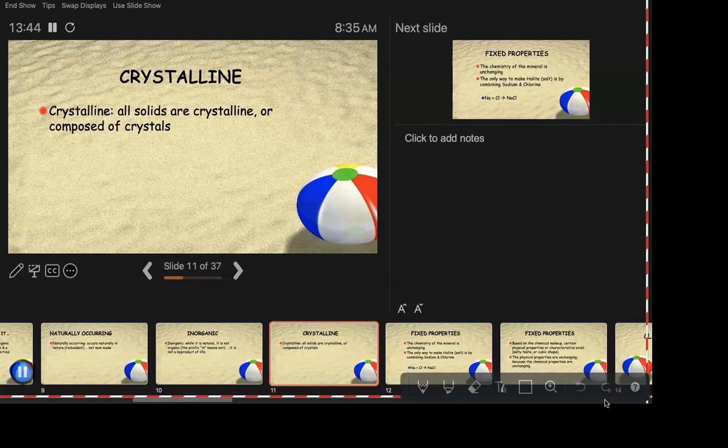But in this context, we want to use this term crystalline, even if you can't see nice, pretty shapes to it, okay? The facets, as they say in the jewelry business. There are little crystals in there.